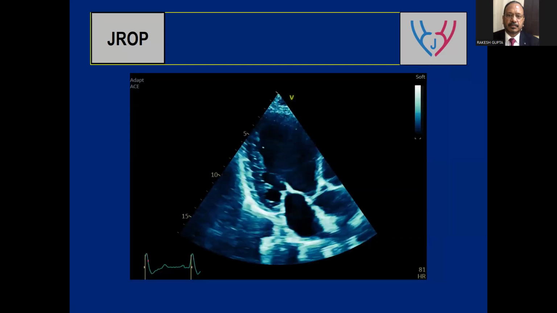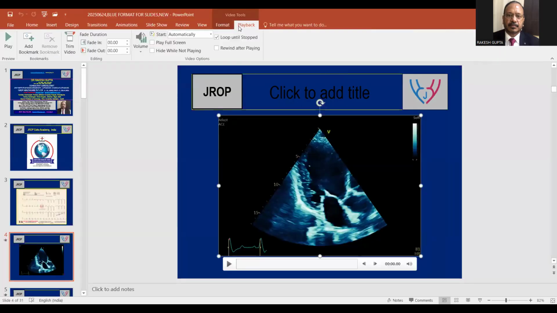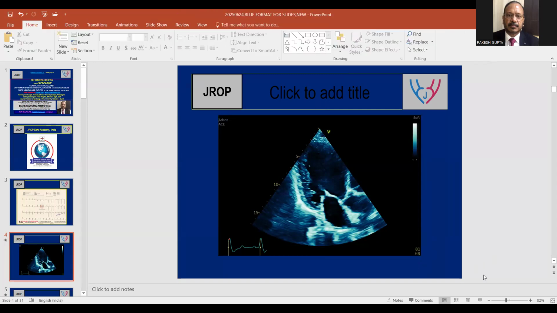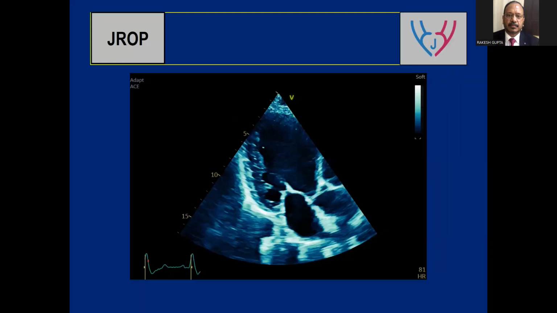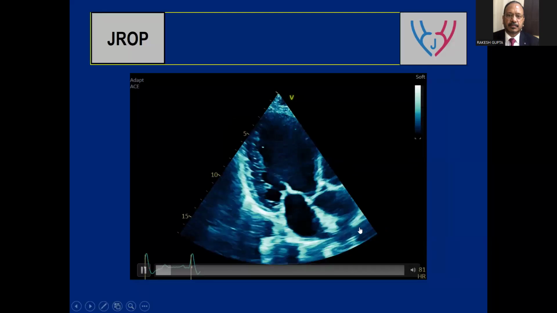Now look at these images very carefully. What do you see in these images once they are playing?